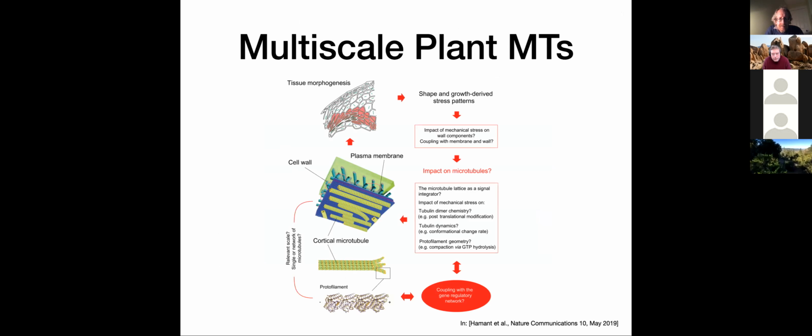And you can see there are these cortical microtubules in the middle drawing that line up on the inside of the outside of a plant cell and really govern where the cellulose is going to be deposited, in what direction, which is what governs the biomechanical properties of those plant cells, and why the corn stands up and things like that. And pattern formation, where do new branches go and all that kind of thing. So the cortical microtubules have a big role to play in plant shape at all scales.